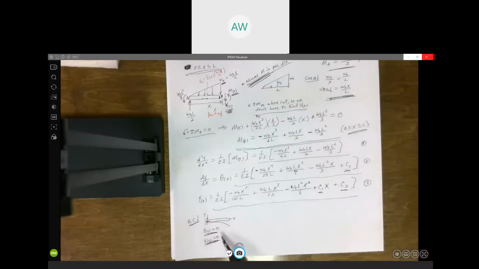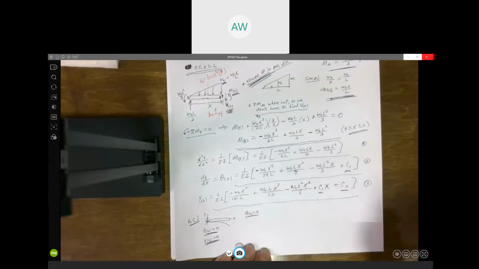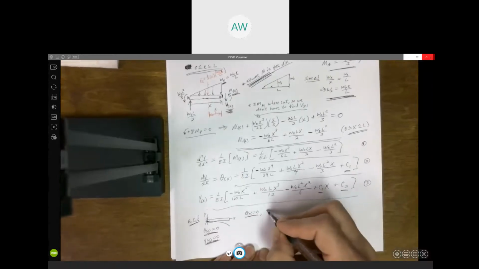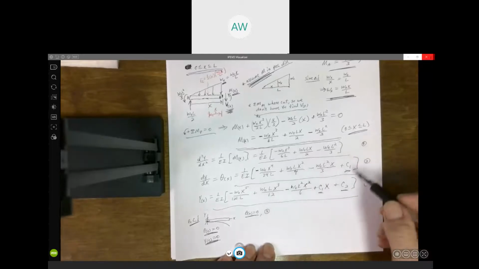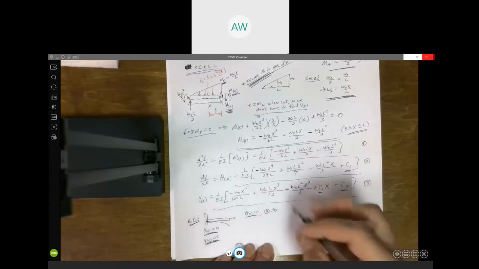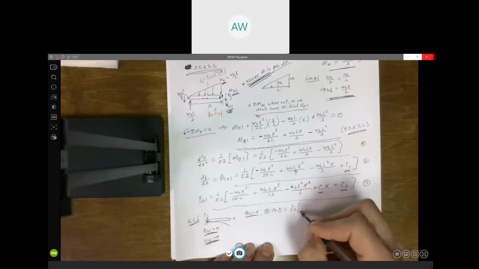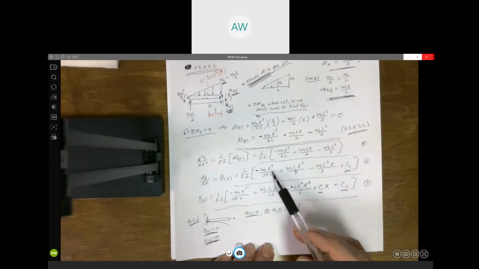So I can take this boundary condition that I know about the slope, and I can plug into equation 2 and solve for C1. So we're taking this boundary condition: when x is 0, theta is 0. In equation 2, this equation here, we plug 0 in for theta, 1 over EI, and I'm plugging 0 in for x.